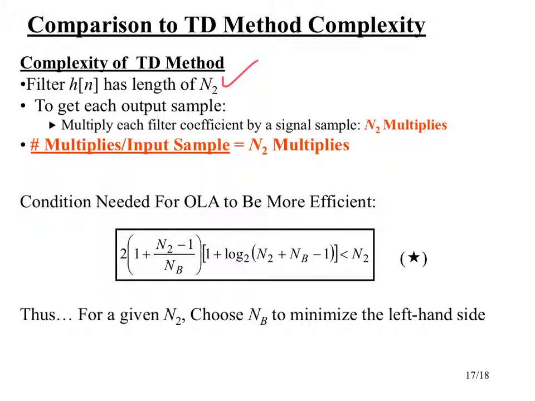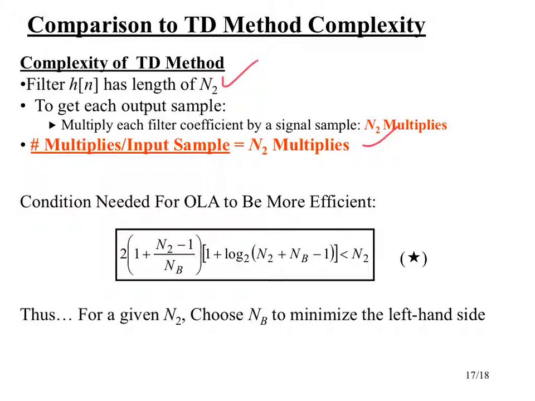So there's N2 multiplies per output sample, but in this setting, for every input sample that comes in, I get 1 output sample. So that would also be the number of multiplies per input sample. So we end up with N2 multiplies there.